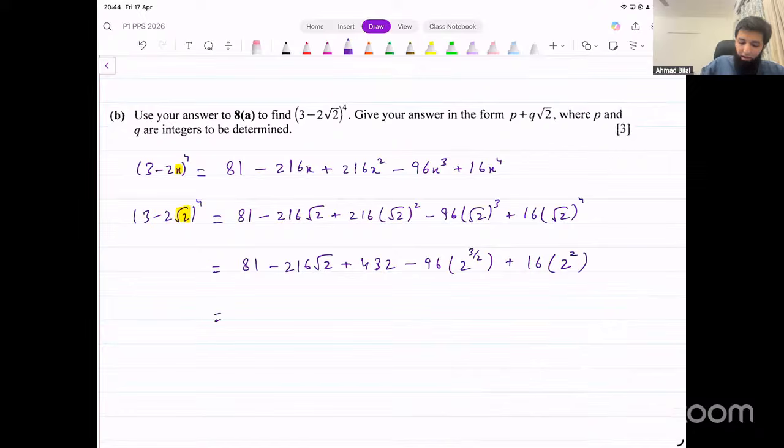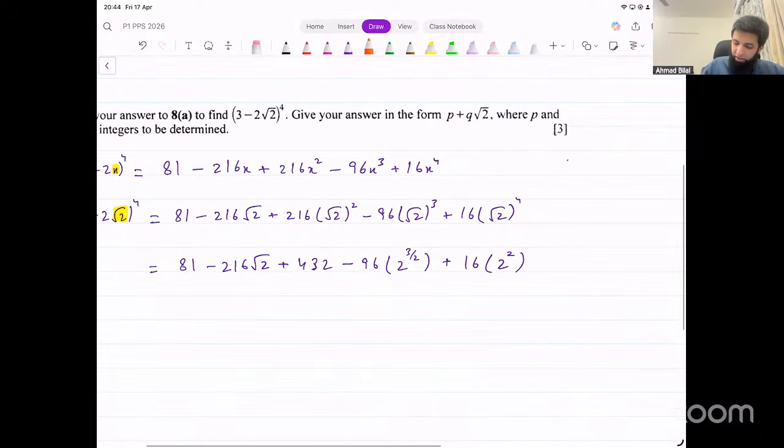Okay. Now you could break this 2 power 3 over 2 like this. I'll just do it on the side and then write down the result directly. 96 into 2 raised to power 3 over 2. We could break it like this: 2 power 1 into 2 power 1 over 2. And now 96 and 2 can multiply with each other and that will give us 192.